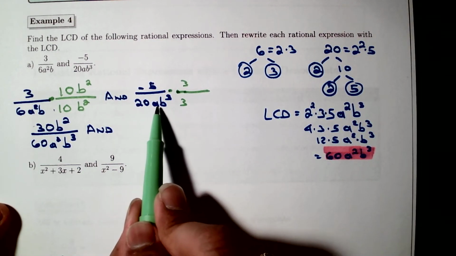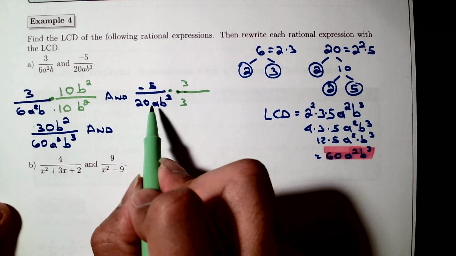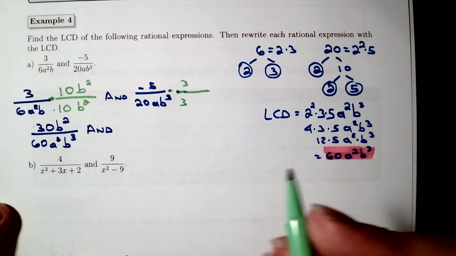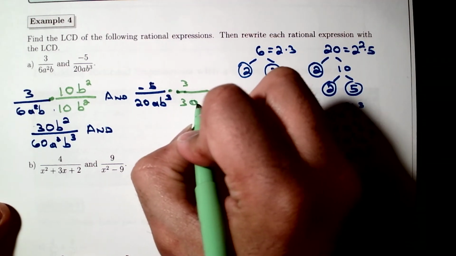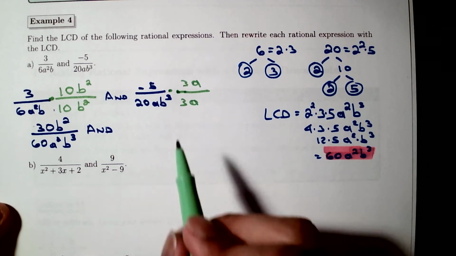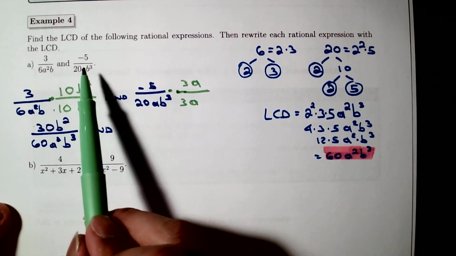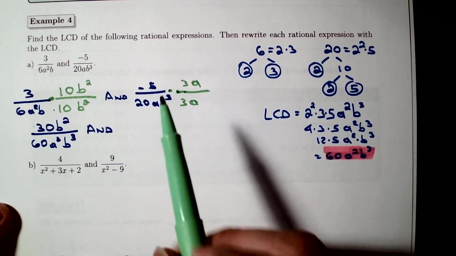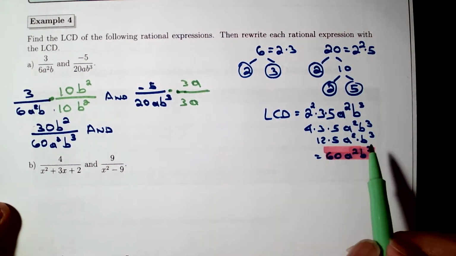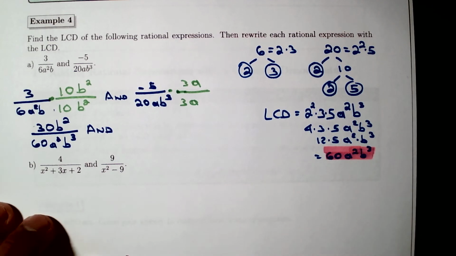Now let's go with the powers of a and b. So we have a to the first power, but we need to have it to the second power. That means we need 1 more power. And well, a times a, that's a squared. Well, we're essentially done, because in this case we have b cubed. We don't need to add any powers of b.